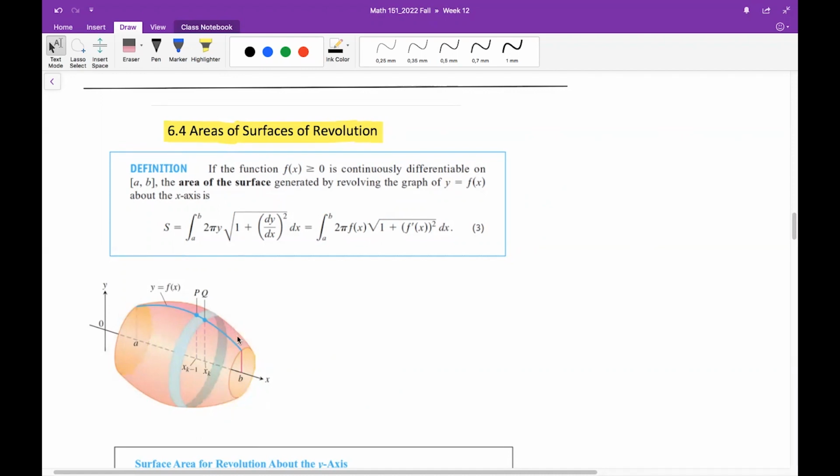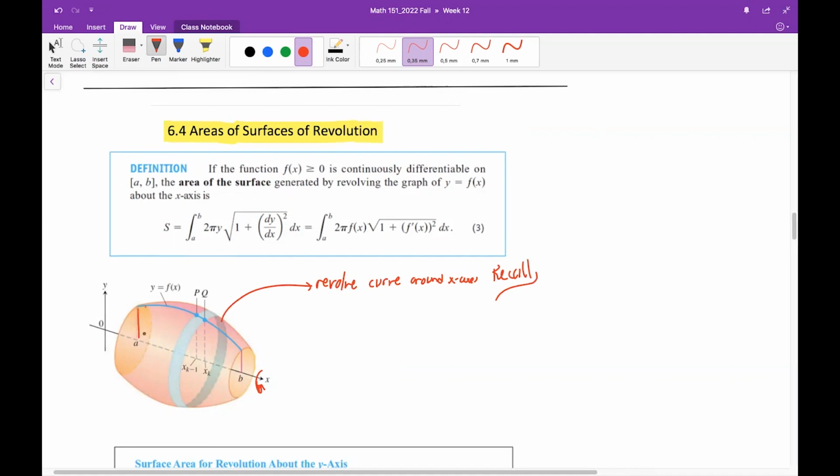So if you revolve this curve around the x-axis like this, what do you obtain? You obtain a surface, and the inside part is empty, right?